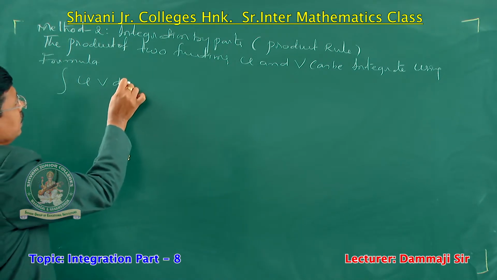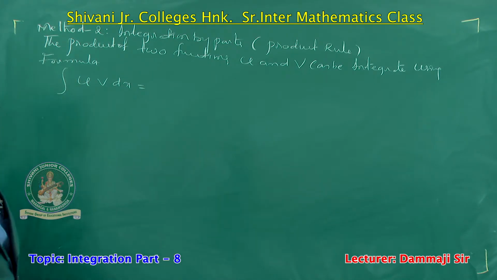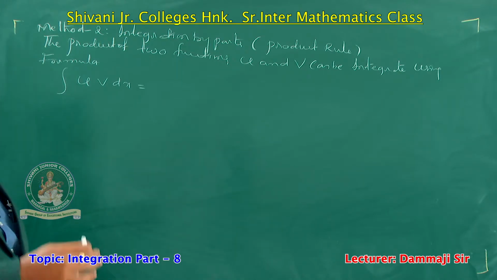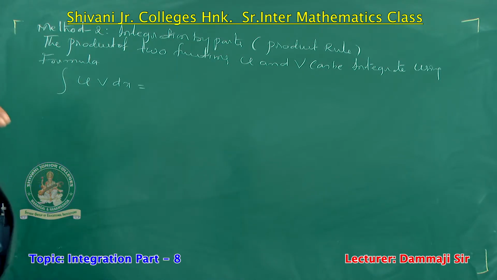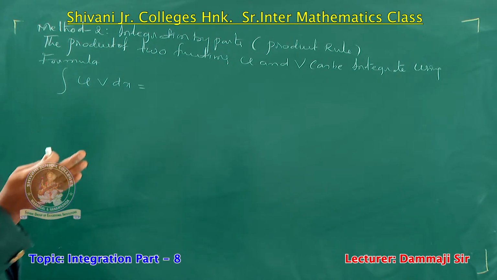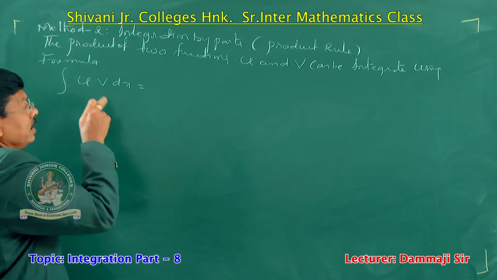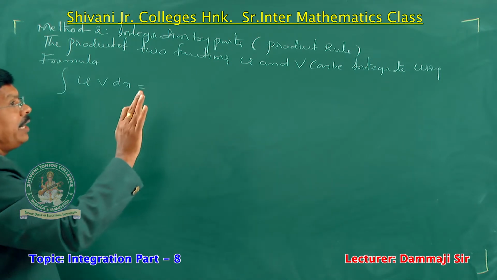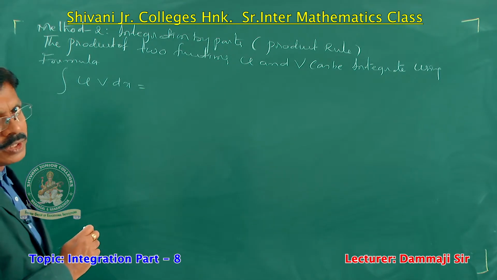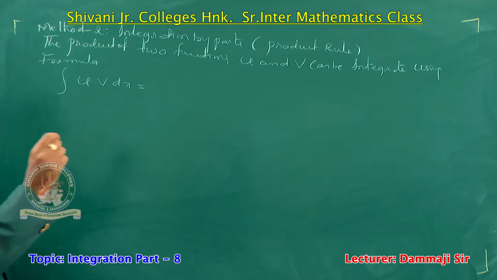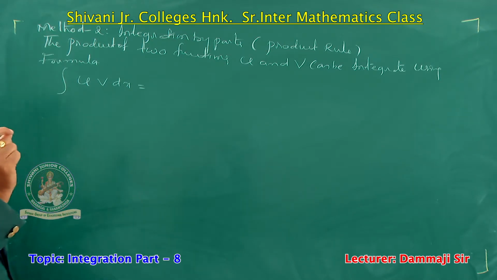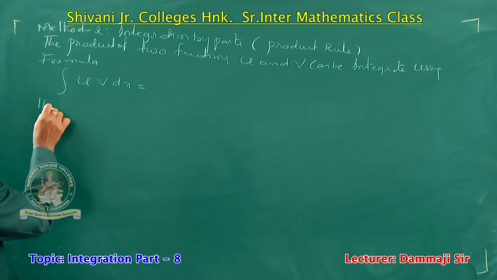The integral of uv you don't know directly. After integrating, the degree is decreasing, and after differentiation the degree will increase; one is increasing, the other is decreasing. But after integrating we need an end point, so we can apply a tip.